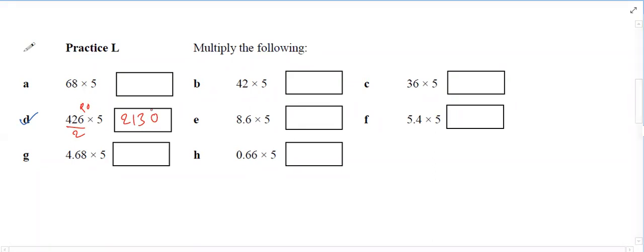Then Sri Goda, question C. 36 divided by 2 we get 18, with remainder 0, so it is 180, last digit 0.